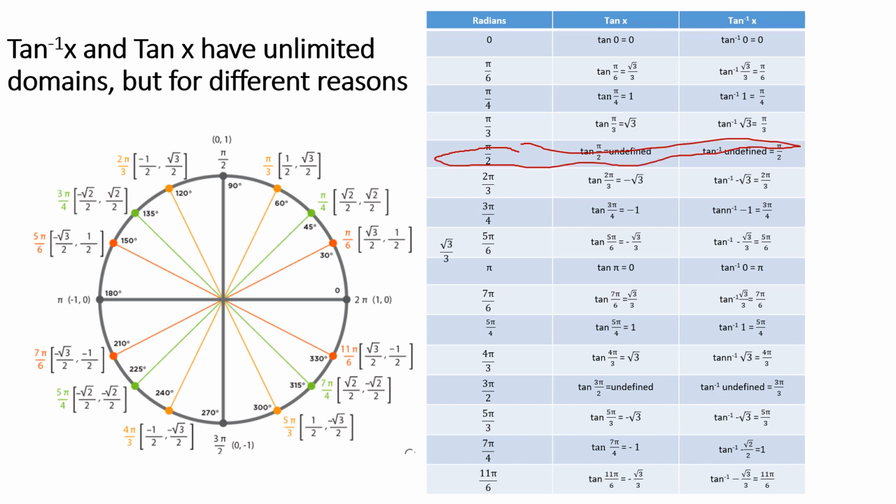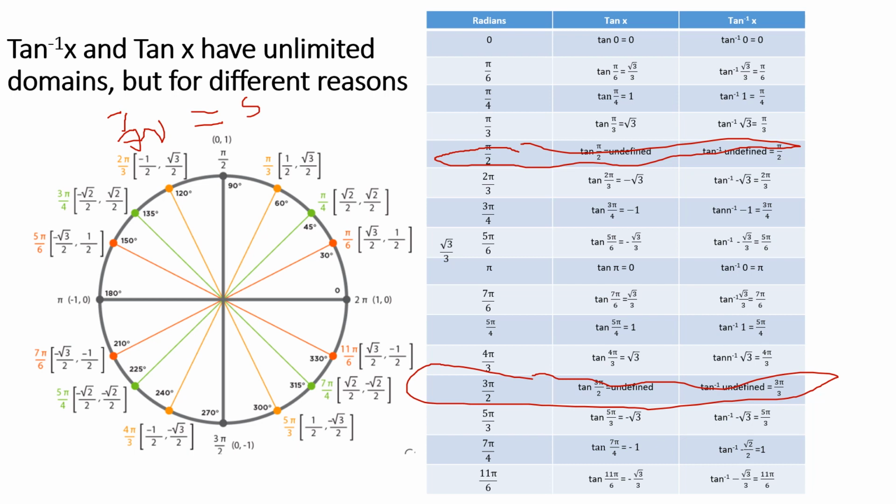Pi over 2, 3 pi over 2, because tangent equals sine over cosine. And if I go to pi over 2, right here, my cosine, which is the x-coordinate, is 0. And I cannot have 0 in the denominator.